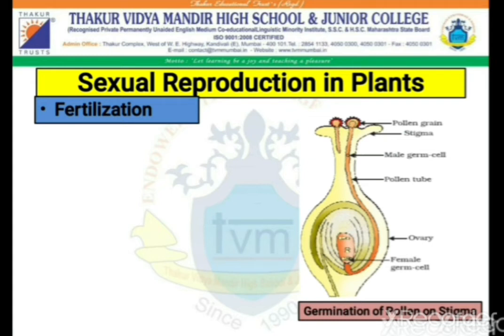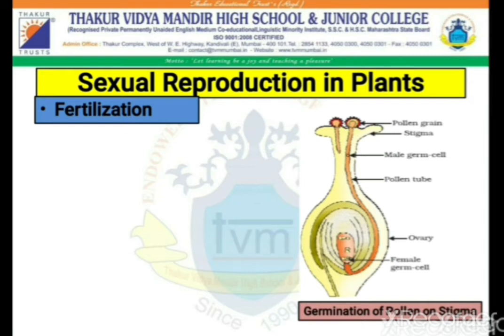That is, the male gametes are waiting on the stigma. But for fertilization, they should come down and combine with the ovules which are present inside the ovary. Because without that, fertilization is impossible.